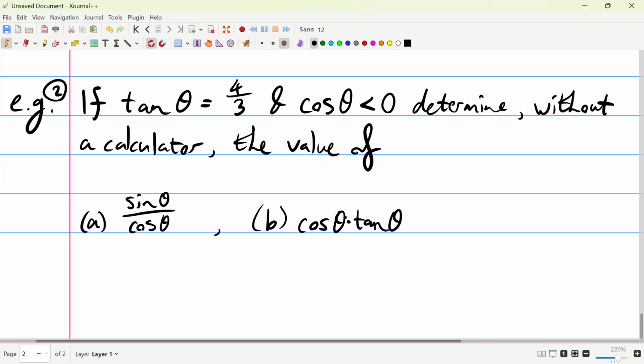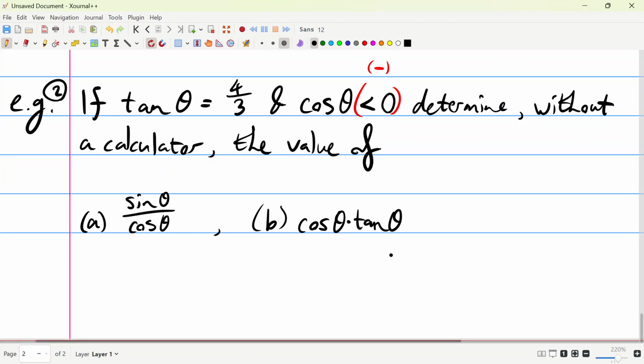Now that we've done that example, this one is actually for you to try. Everything that I've just taught you is exactly what you need to answer these questions. So I'm going to read it for you. Example 2 says, if tan theta is equal to 4 over 3, and cos theta is less than 0, meaning it's going to be negative, so less than 0 obviously means negative.